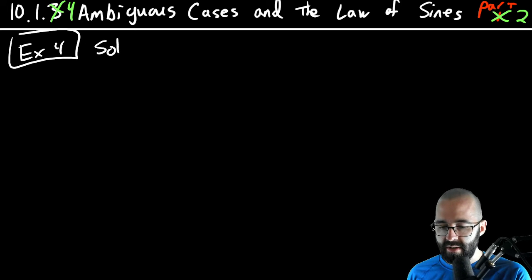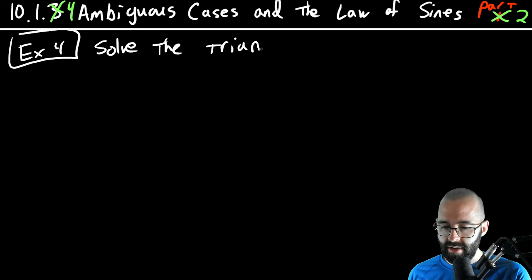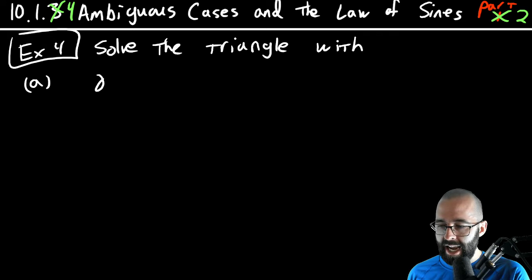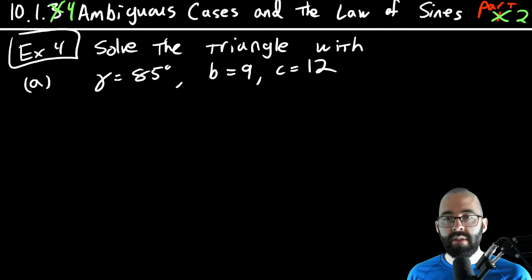Solve the triangle or triangles with, in part A, gamma is 85 degrees, b is 9, and c is 12.